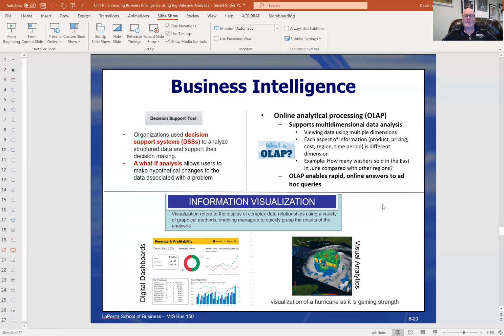The more traditional way, in the lower left-hand corner, is a digital dashboard. These are things that executives use to take a look at the category or part of the business that they're managing. But more and more it is becoming three-dimensional, almost like movies. So not only are the analytics getting more sophisticated, but the way that the data is being presented is becoming more sophisticated as well.